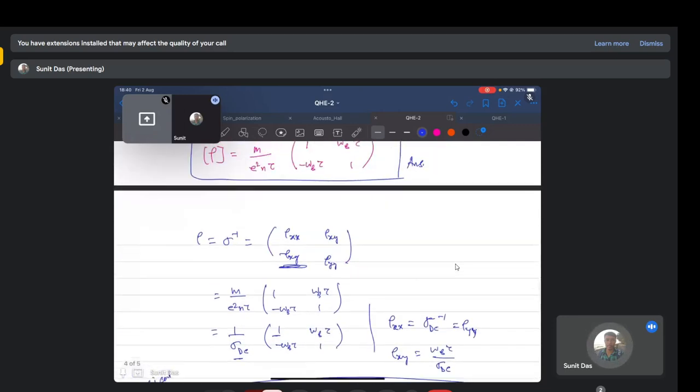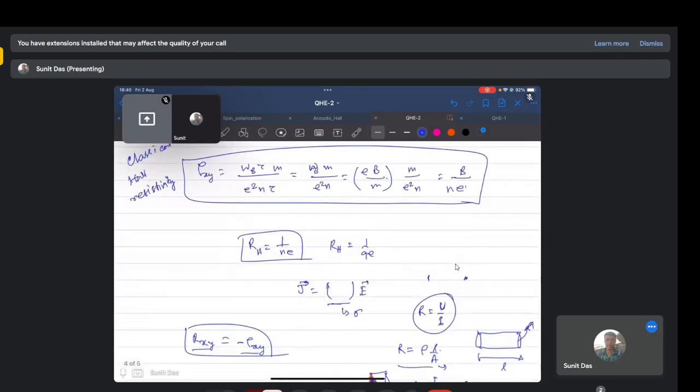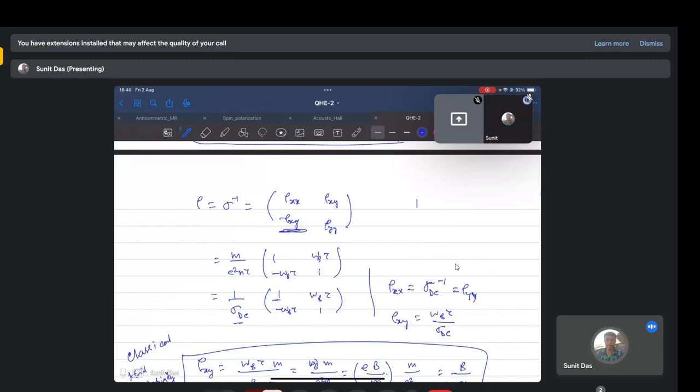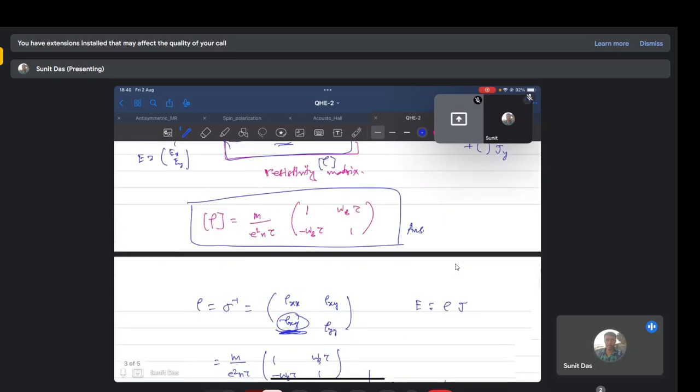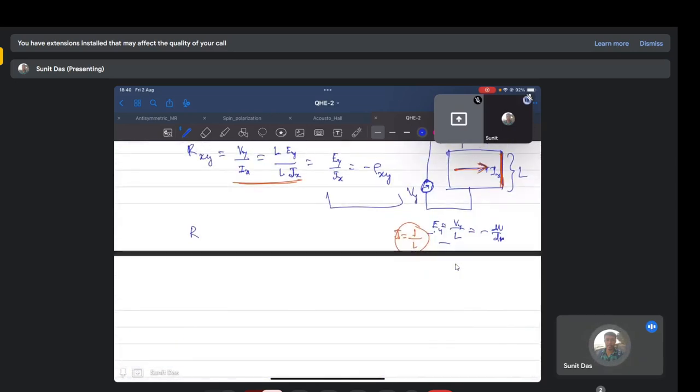So from this expression, let's say E equal to rho J. From this expression we can say that this is minus rho xy, where we are searching for this term actually here also, right? So this is minus rho xy. So thus it is proved that Rxy equal to minus rho xy. Okay.